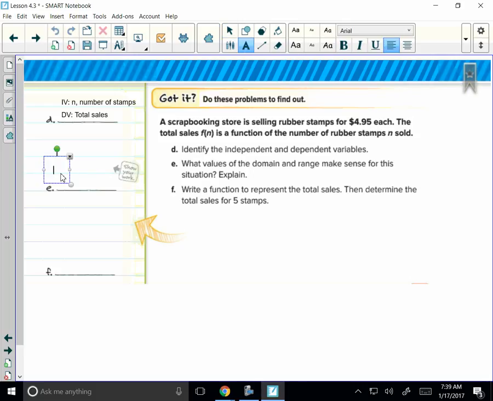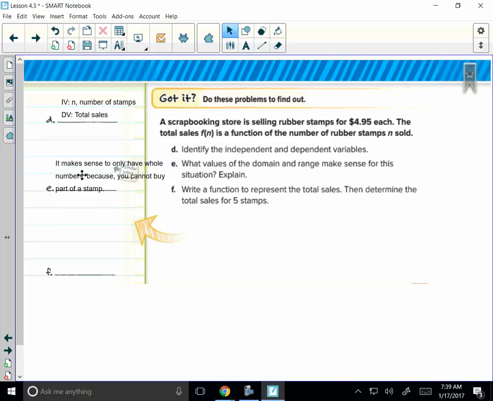It makes sense to only have whole numbers, because you cannot buy part of a stamp. You're going to end up having to buy the whole stamp. You can't buy half of it and only spend half the money. They don't sell things like that at this particular store.